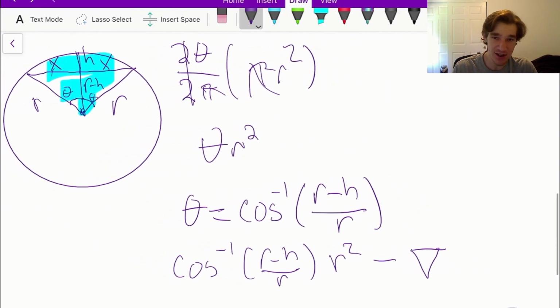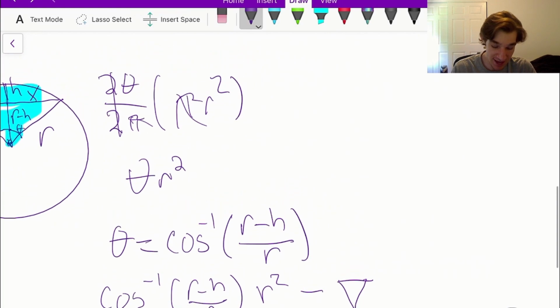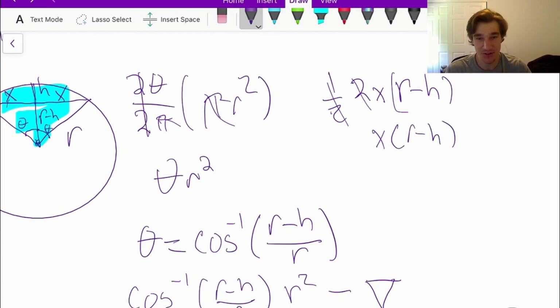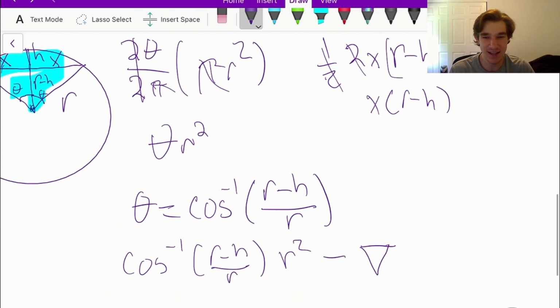And we know that the area of the triangle is going to be 1/2 base, which in this case is going to be 2x, times height, which is r minus h. Those two cancel out, so you get x times r minus h is going to be the area of the triangle.